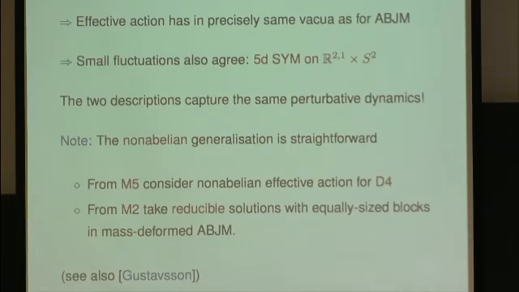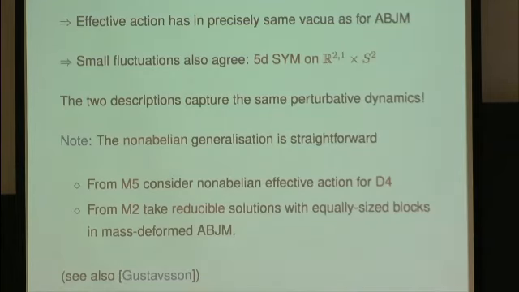This turns out to have precisely the same vacua as for ABJM. So you get these vacua corresponding to these S2 configurations around the origin. And if you look at small fluctuations, this again gives rise to this 5D Maxwell theory in the abelian case on R^{2,1} times S2.